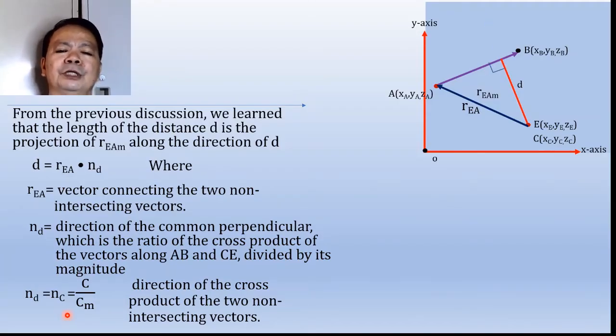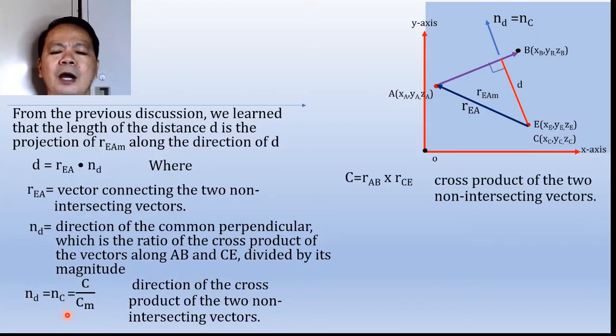If you look at that figure, here is the direction of that D. This is the direction of n_D, and at the same time, the direction of the cross product of the two non-intersecting vectors. And this C is the cross product of R_AB and R_CE, which are the two non-intersecting vectors.